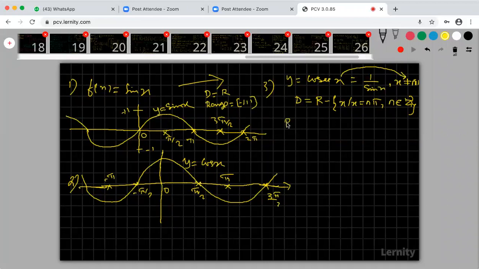What is the range of the function? The range of sin x is minus 1 to 1.